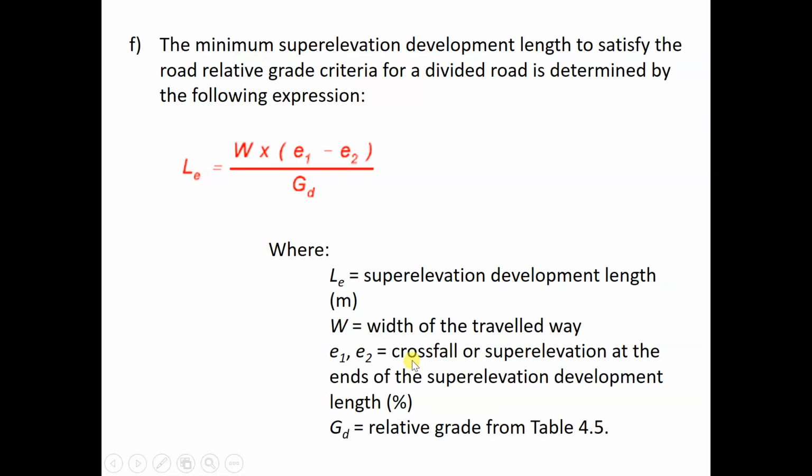The minimum super elevation development length to satisfy the relative grade criteria for a divided road is determined by this. So another way to find the super elevation development length is by this other formula, equal to W times the whole bracket E1 minus E2 over GD. The W here is the width of the travel way.